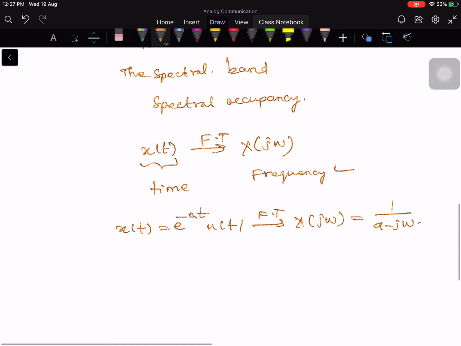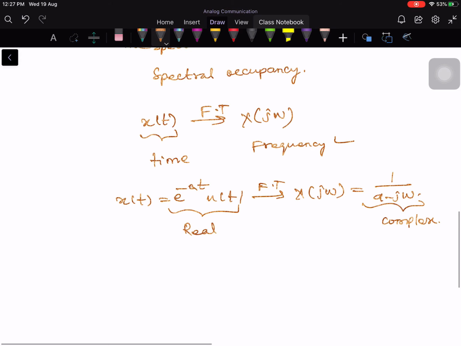Of course, the Fourier transform of a real signal in general would be a complex entity. See, this is a real signal, and in the transform domain this is complex. So if you take a real signal and take the Fourier transform of that, then you will end up with a complex entity.